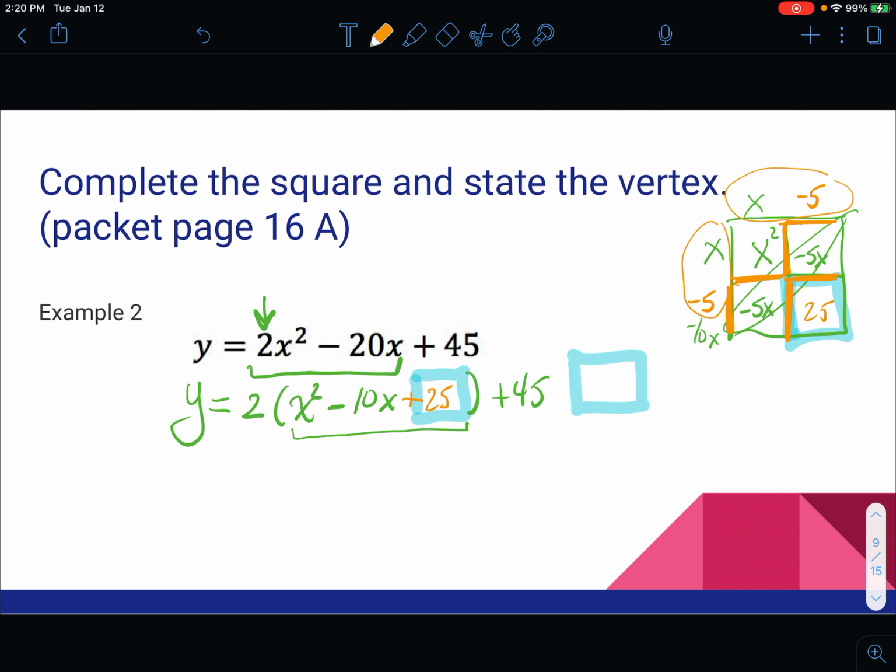Now here is the part where lots of students make a little mistake. Some of you are going to want to write minus 25. And you're like, well, yeah, because I added 25, I want to undo it over here. However, what we really added is 2 25s. 2 times 25 is 50.